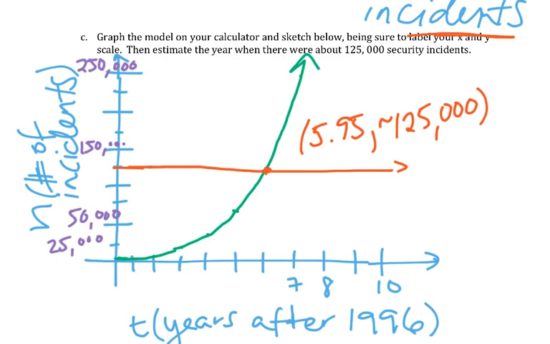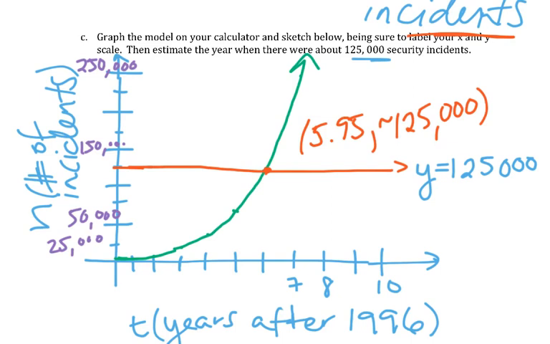Once you have graphed the general graph and labeled your axes, then you can start estimating the year where there were about 125,000 security incidents. So you can put in the line y equals 125,000, then find the intersection.